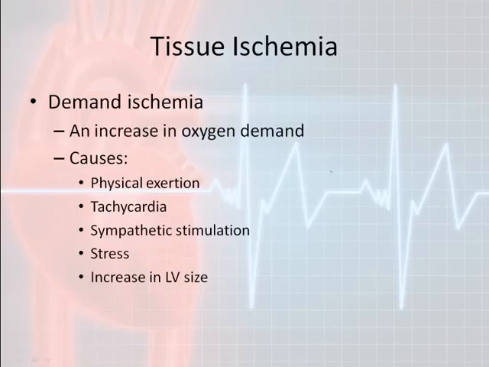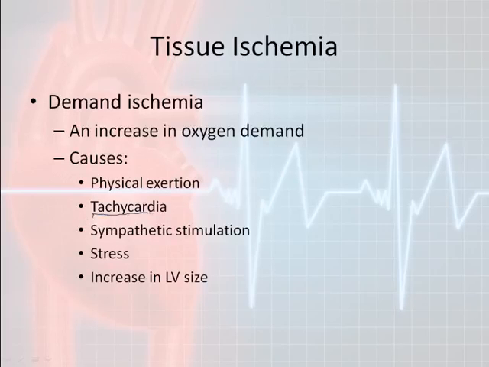A demand ischemia, all that is an increase in the metabolic needs, but you can't get the supply to the tissue. This is not caused by a clot. This is not caused by an occlusion. This just means that the metabolic demands are so high that the body itself cannot keep up with the need. An example of that is my favorite one here, which is tachycardia.